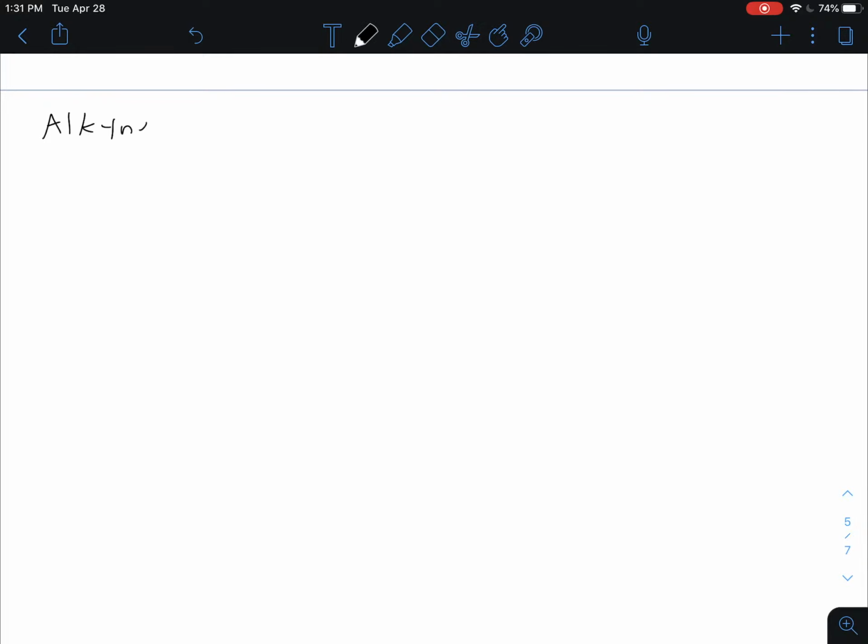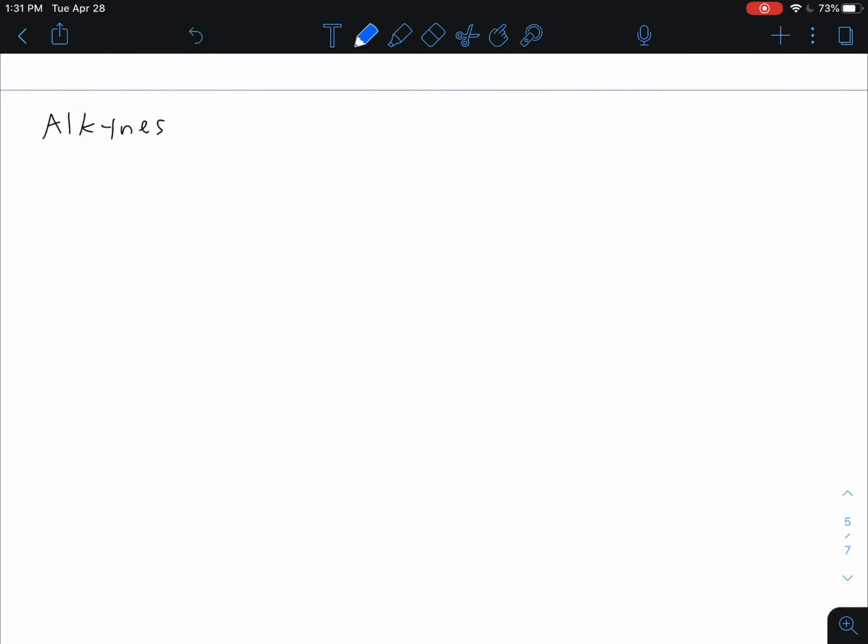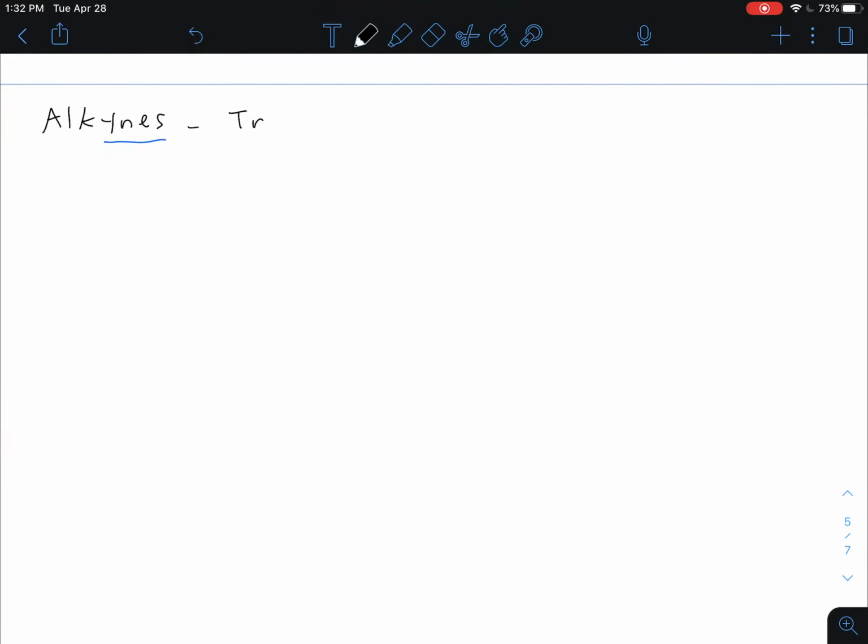Okay, so that was with one double bond. Now we'll talk about molecules with one triple bond. So these are called alkynes. So now I've got the YNE ending to indicate a triple bond. And as a result, now you can imagine between two adjacent carbons, I have to remove 2 hydrogens each.